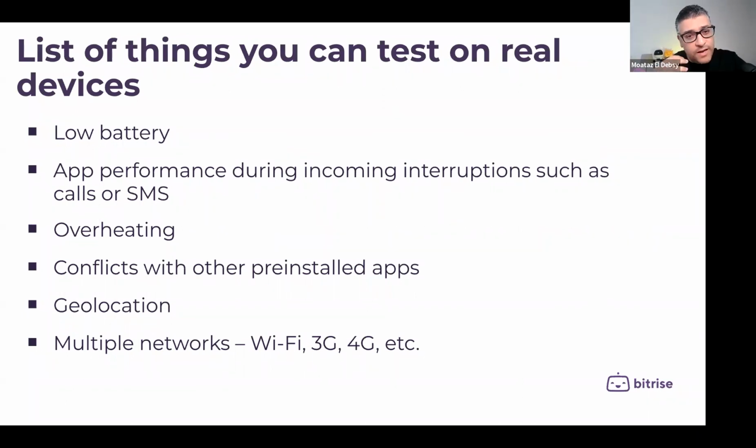So these are mostly the challenges that we have. And if we decide to test on a physical device, these will be the cases. On simulators or emulators, we can't test low battery, we can't test app performance during incoming calls because we don't have a SIM card, and we can't test SMS, overheating, conflicts with other pre-installed apps, geolocation, or multiple networks like Wi-Fi, 3G, 4G, 5G, and so on.